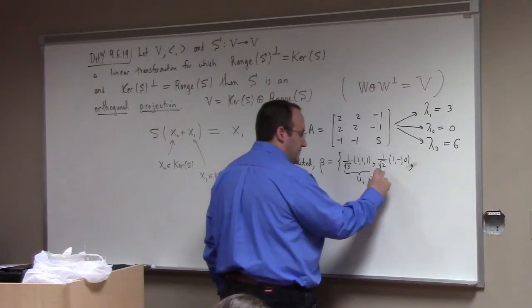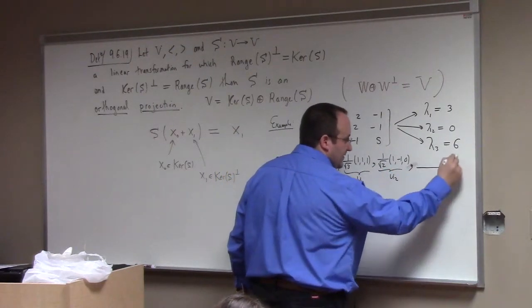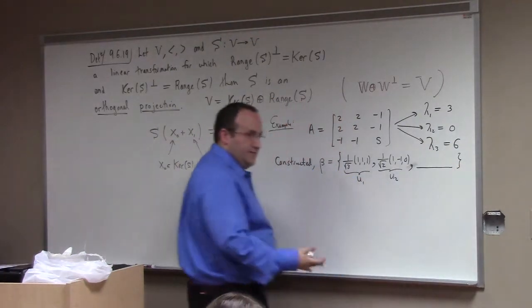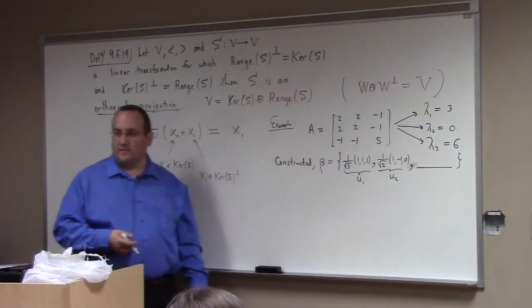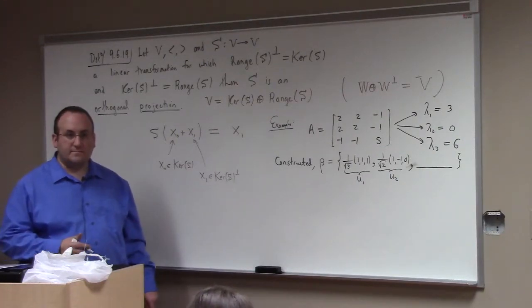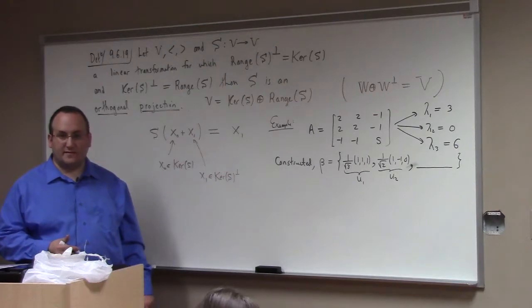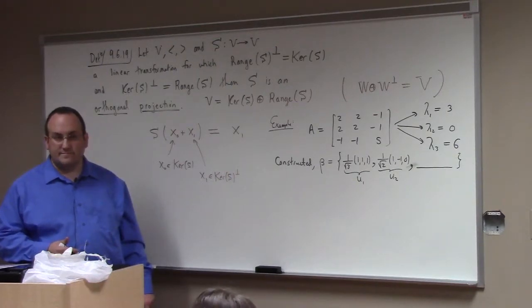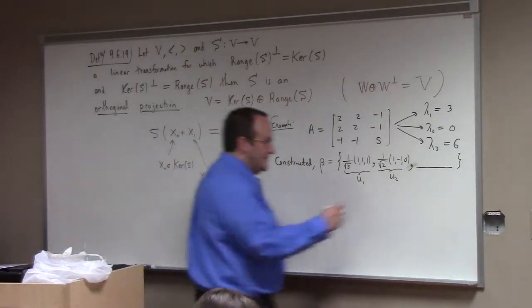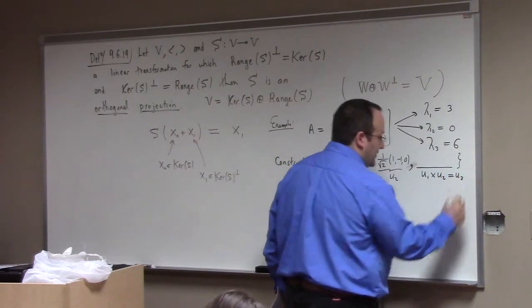If this is U1, this is U2, I want a third vector which is perpendicular. In R3, there's something you can do that you should have confidence in doing if you had calculus 3. You want a perpendicular vector for a given pair? Yes, the cross product. I took the cross product of U1 and U2. That gave me my third vector, U3.